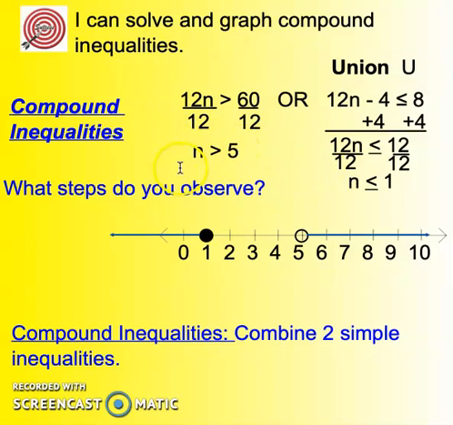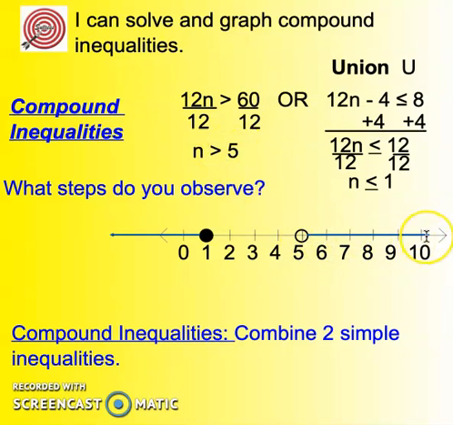So notice these two inequalities. When you plot them on a number line, pretend you're plotting them separately, but you're putting both of them on the same number line. If I plot n is greater than 5, this is greater than 5, so that means it's an open dot on 5, and it's greater than, so I'm going in the positive direction.